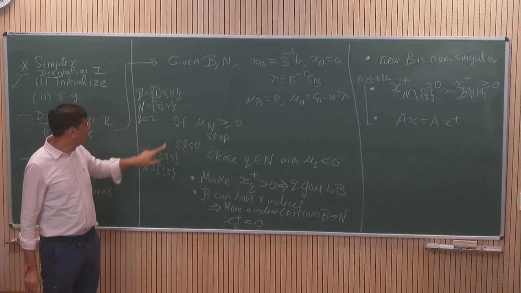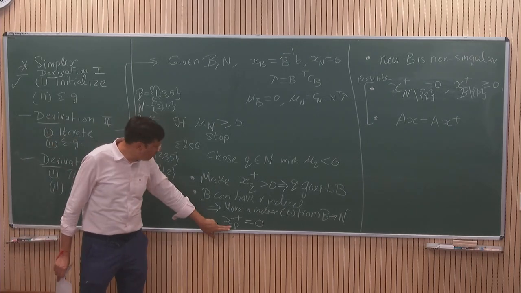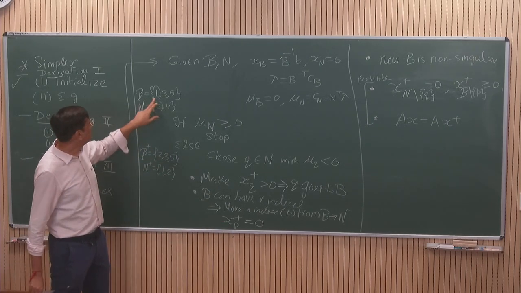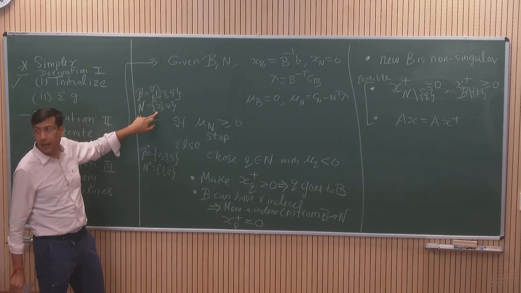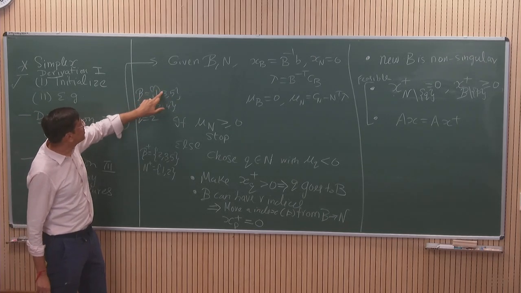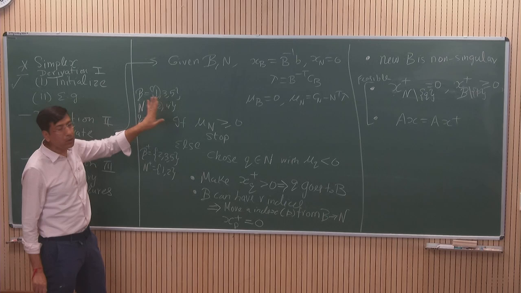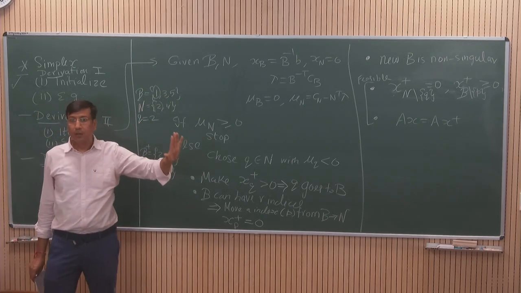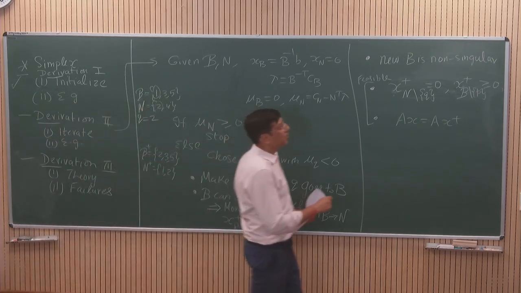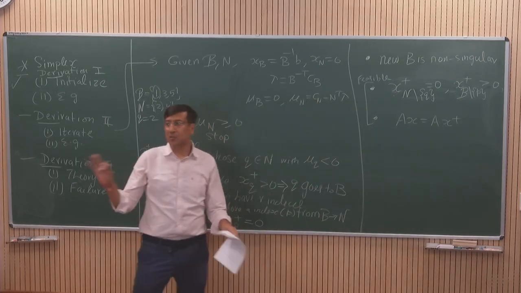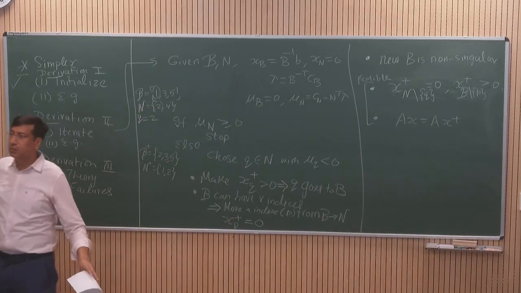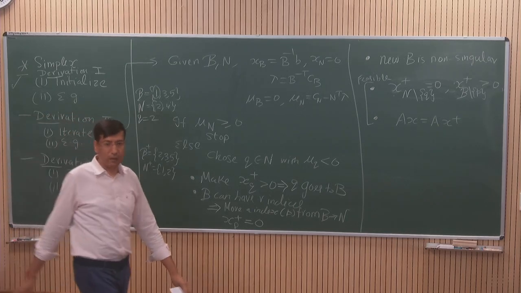And similarly, we are making xp plus equal to 0. So you're making this one equal to 0 so that it can go into the n set. The remaining x3 plus and x5 plus should remain greater than or equal to 0. You can just assume greater, because I'm calling this inactive and that one active. In principle, greater than or equal to 0. One is active, the other is inactive.